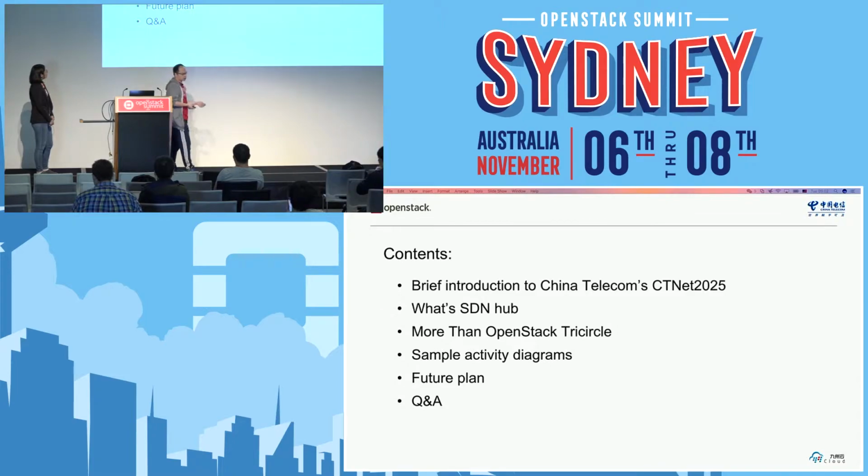Then we will show you some sample activity diagrams to show how we are finishing our jobs. We will also talk about the future plan to commit our efforts into the community, such as ODL or Tricircle itself. If we have time, we will have Q&A.